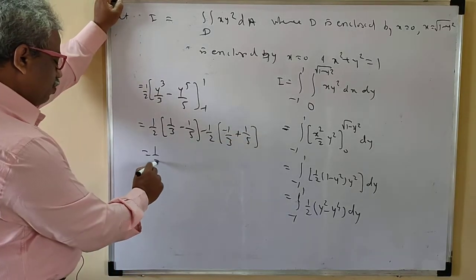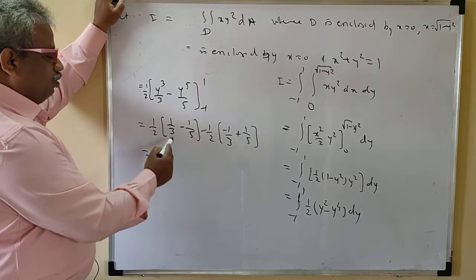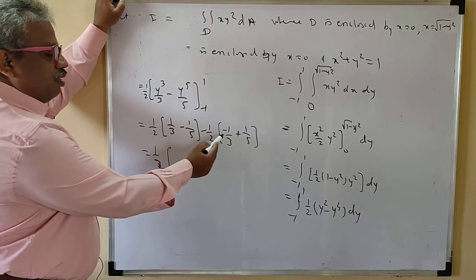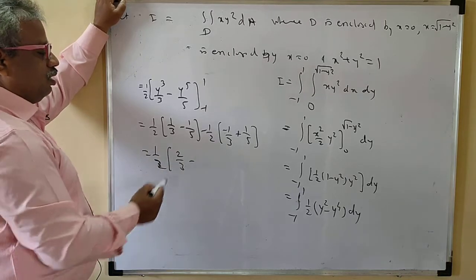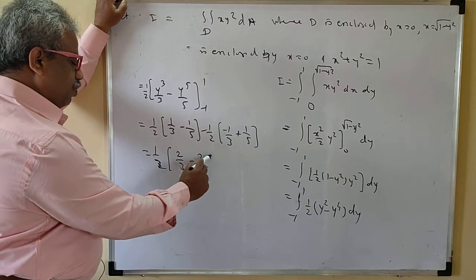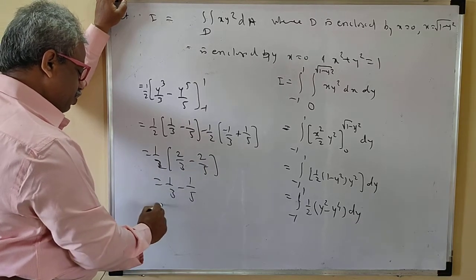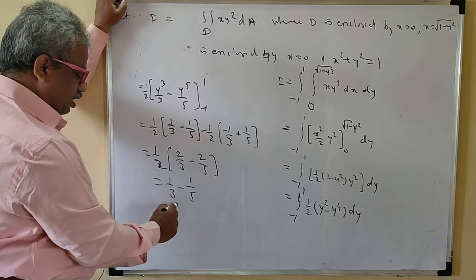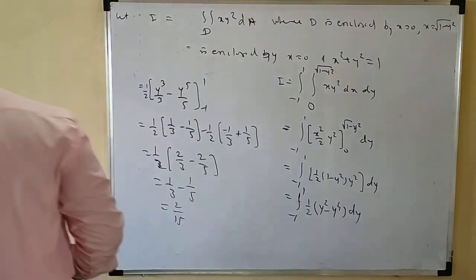Now this half will be common everywhere. So this is 1 by 3 plus 1 by 3 is 2 by 3, minus 1 by 5 and minus 1 by 5 is 2 by 5. So this is 1 by 3 minus 1 by 5, which is 5 minus 3, 2 by 15. So your answer is 2 by 15.